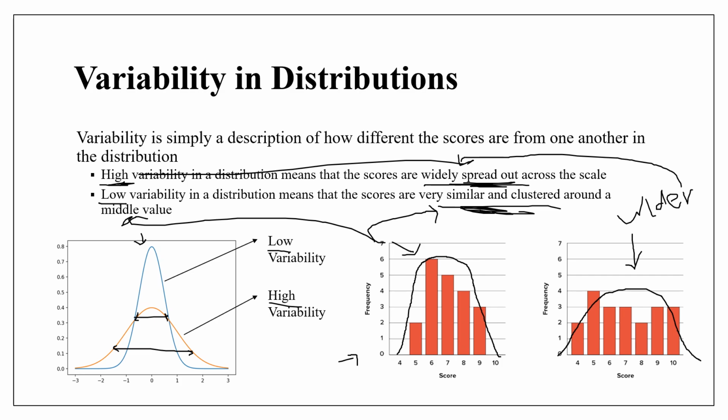And then the other thing we see here with the actual scores is that these scores go from 5 to 9, whereas these scores go from 4 to 10. So we have more variability again. The scores are represented by different outcomes than this one. This is why this distribution is wider in scope.